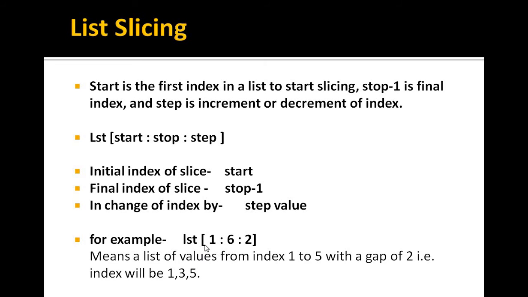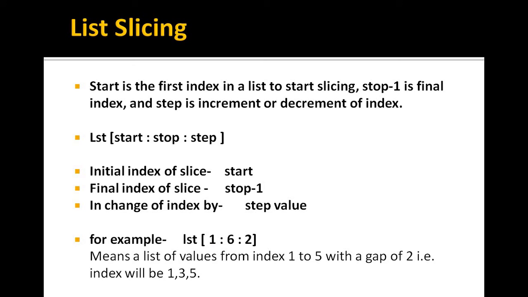If you pass 1 as the start index and 6 as the stop, that means excluding this one, we will have the final index as 6 - 1, that means 5, and 2 will be the gap. That means the first position will be 1, the next position will be 1 plus 2, that means 3, the next position will be 3 plus 2, that means 5.